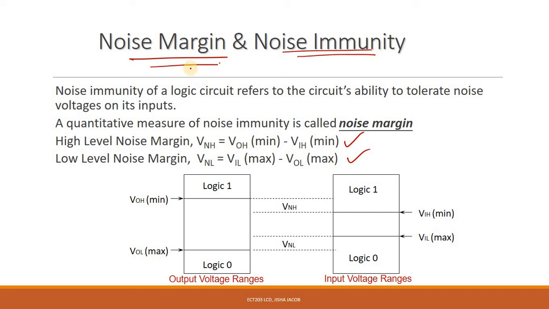If you have more immunity to noise or less, that is characterized by the term noise immunity. But if you want to know how much tolerance you have to noise, that is characterized by noise margin.